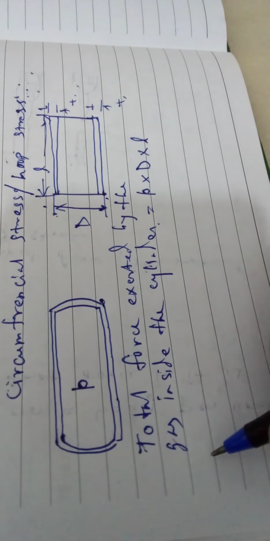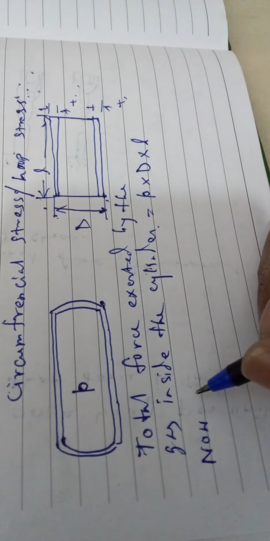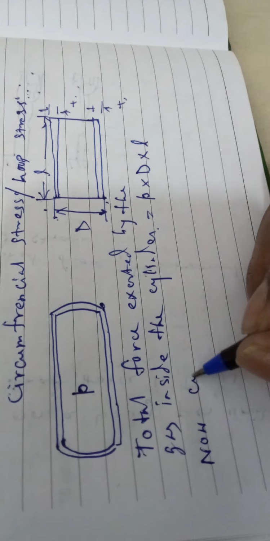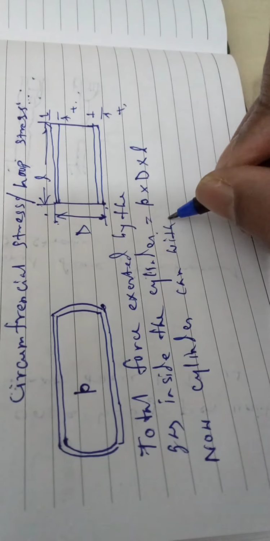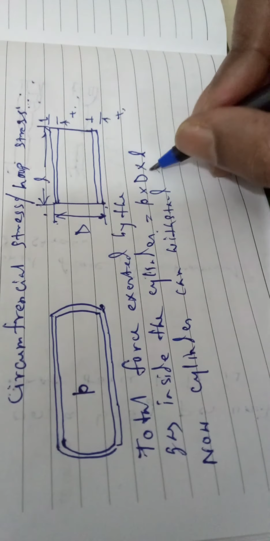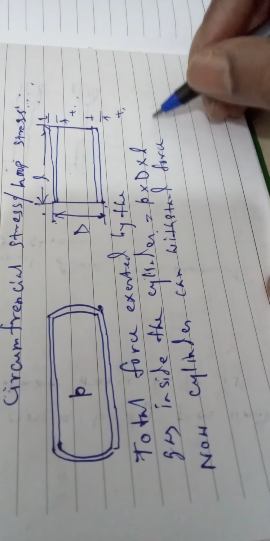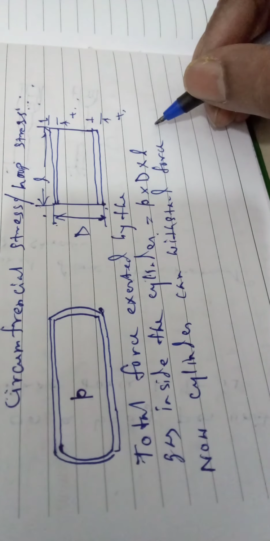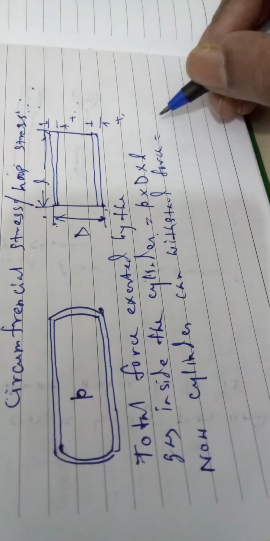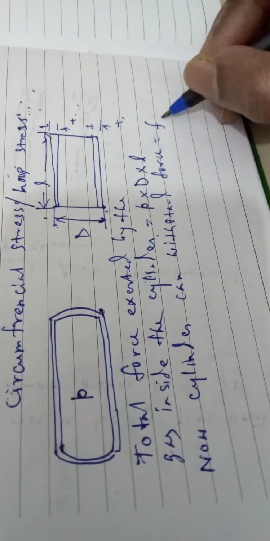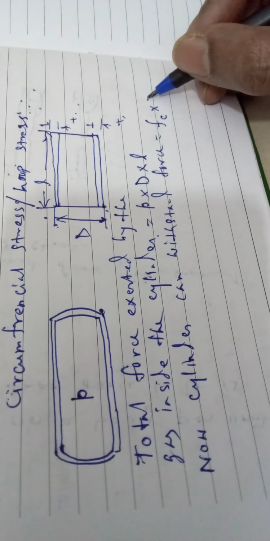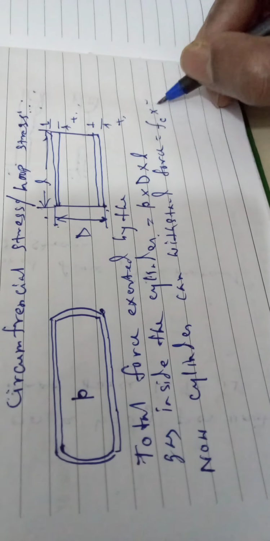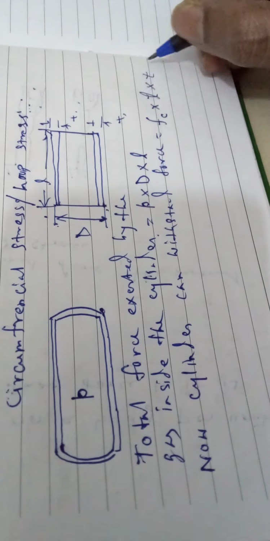Okay. Now the cylinder can withstand a force equal to Fc into area, that is L into T into 2.